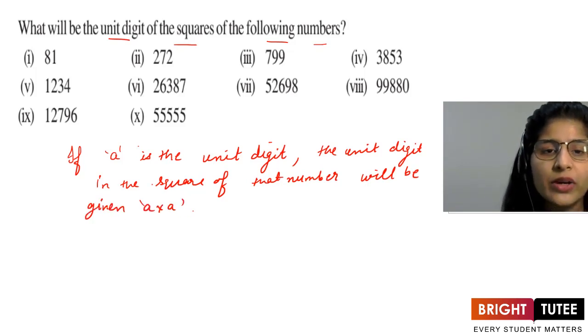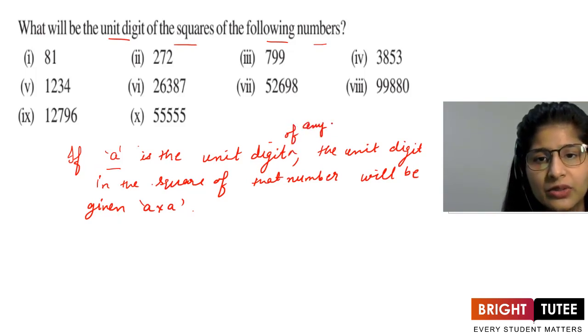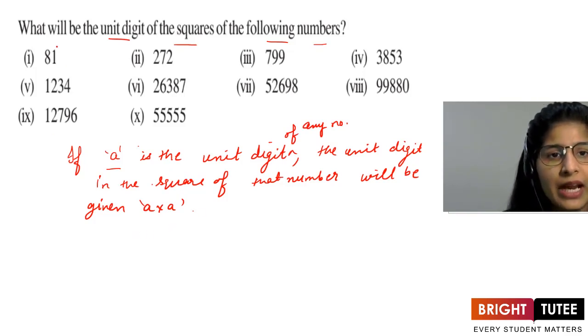That means, if a is the unit digit of any number, then the unit digit in its square will be given by a cross a. In question number 1, first part, 81.